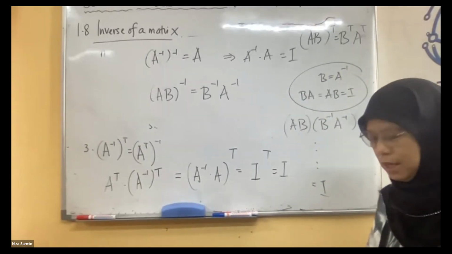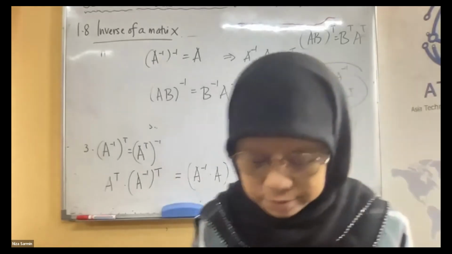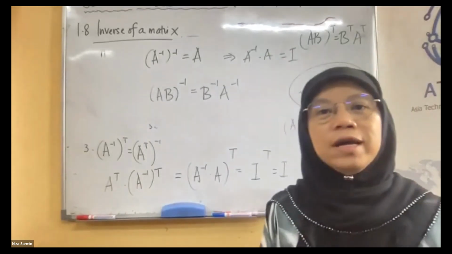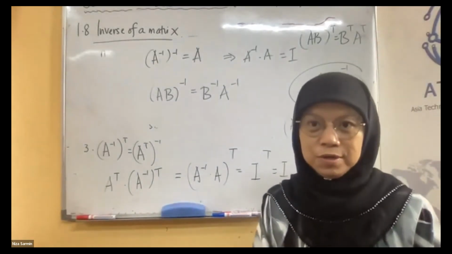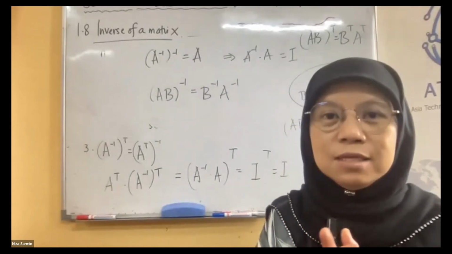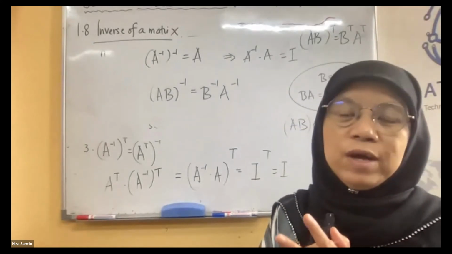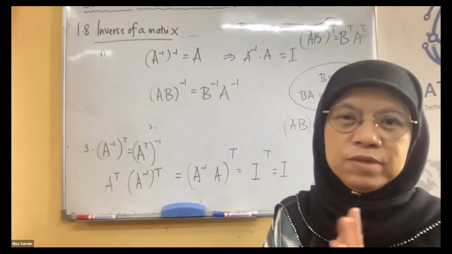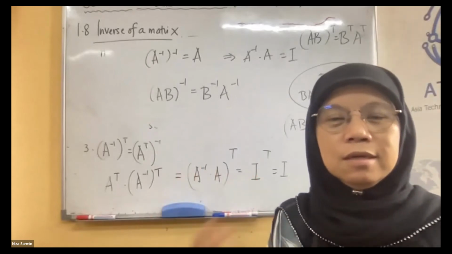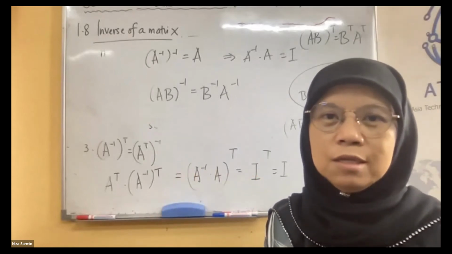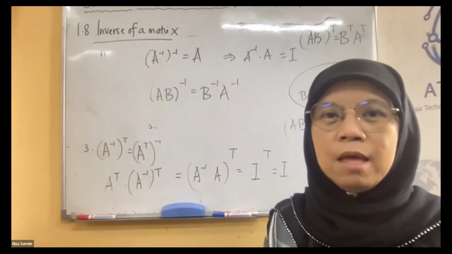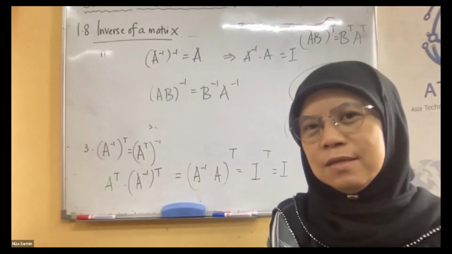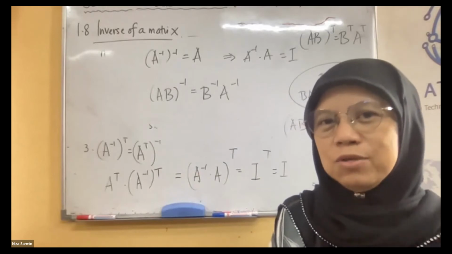Now, we want to find the inverse. I'm not sure if you have learned this before. To find the inverse of a 3 by 3, maybe using the minor cofactor, probably you have learned that before at school.